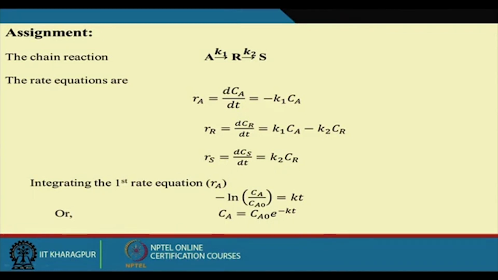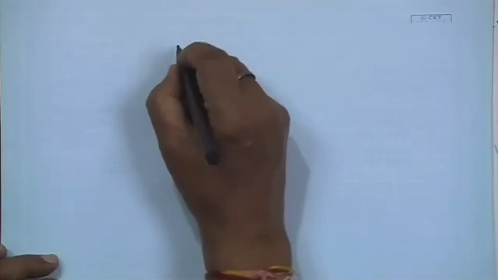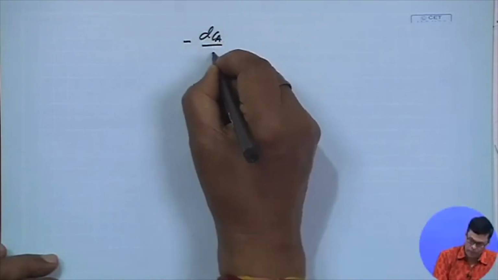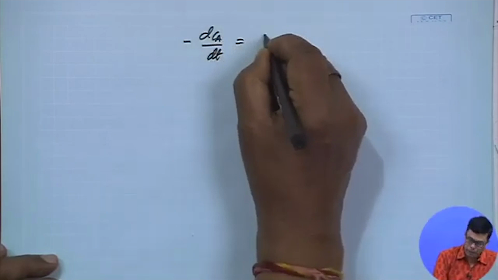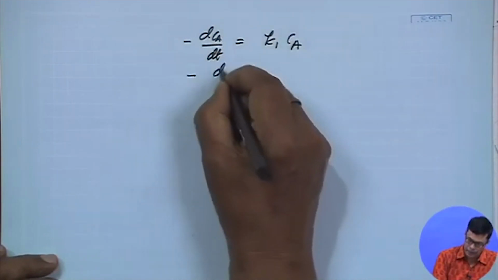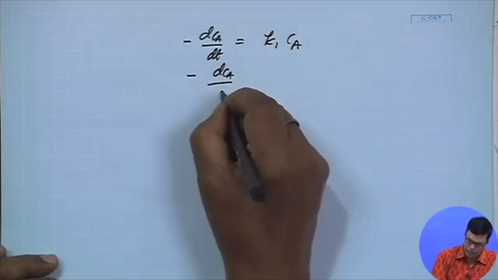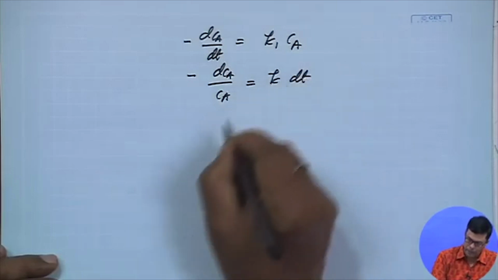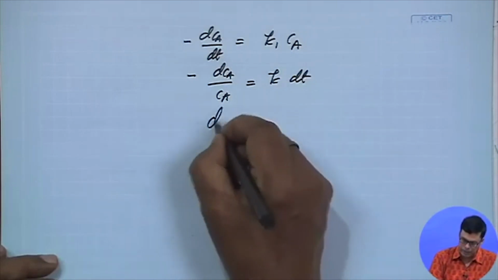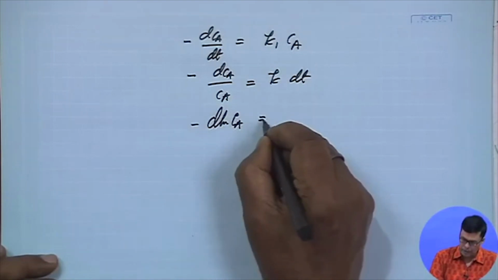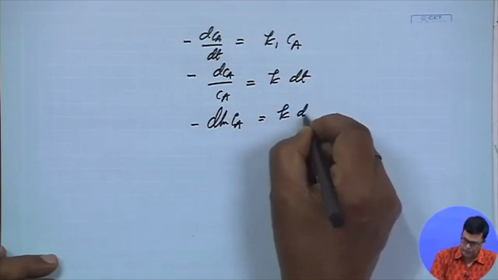Now for the first reaction, we have already seen that minus dCA by dt equals K1 into Ca. Am I right? So we can write minus dCA by Ca equal to K1 into dt. Now this is d ln Ca, minus, equal to K into dt.